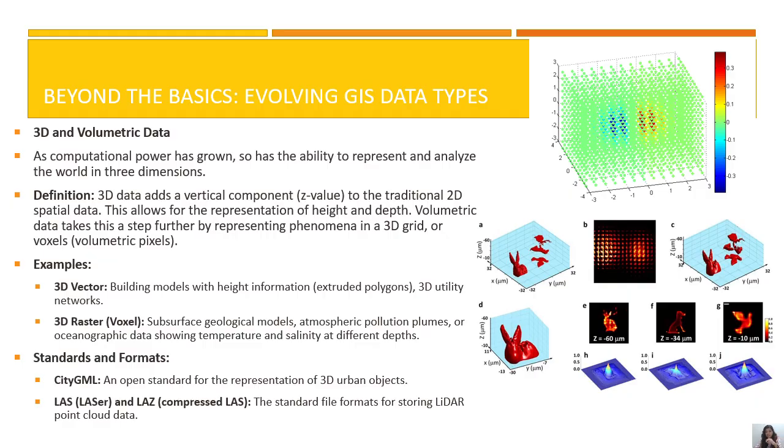Then there are 3D utility networks, and 3D raster, where you can have subsurface geological models, atmospheric pollution plumes, or oceanographic data based on temperature and salinity, a particular image, a coral reef, a particular animal. All these things can have meaning here.